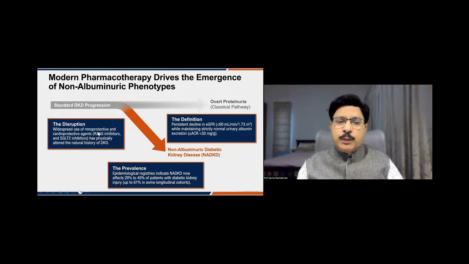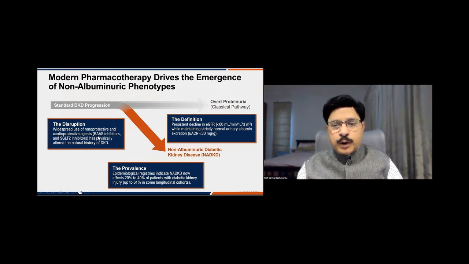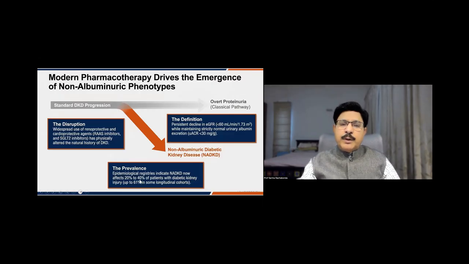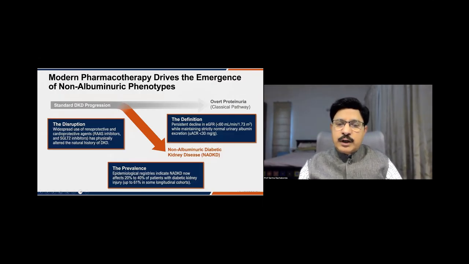Now, because we applied anti-proteinuric treatment and vasoprotective treatment, we have stopped the proteinuria, but GFR decline is continuing. Epidemiological registries indicate NADKD now affects 20 to 40% of patients with diabetic kidney injury, up to 61% in some longitudinal cohorts.